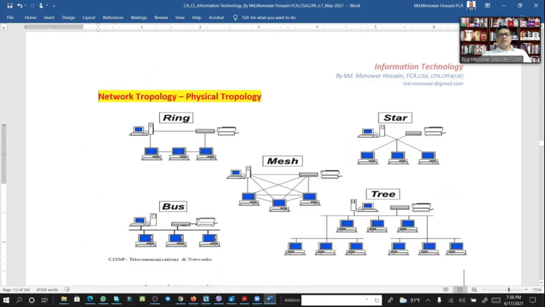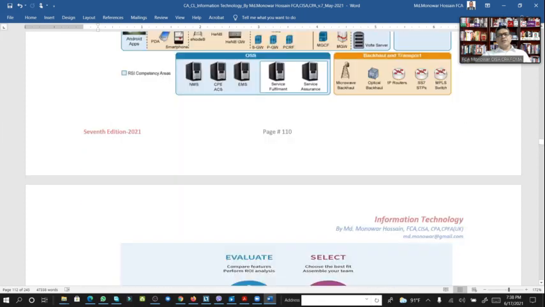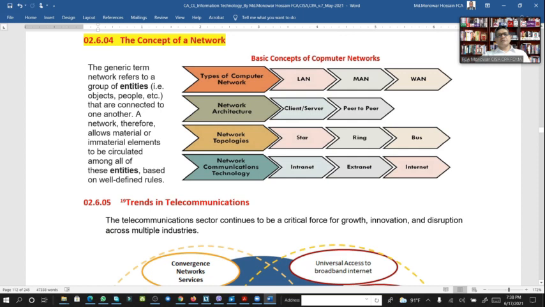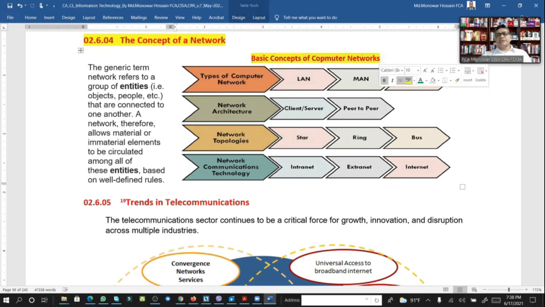So if we remember what was discussed in the last class, the concept of network. So here, the basic concept of computer network is the fundamental thing. So types of computer network: LAN, MAN, WAN, network architecture, client-server architecture, peer-to-peer architecture, network topology, star, ring, bus, hybrid, etc. And network communication topology: internet, extranet, and intranet.